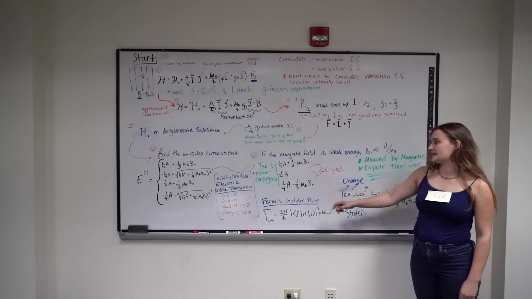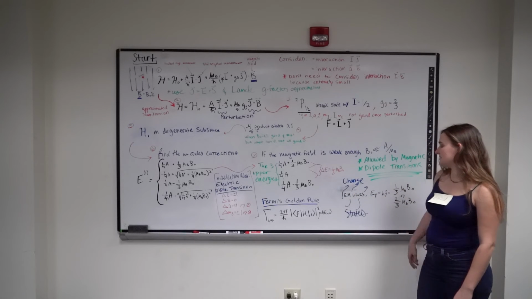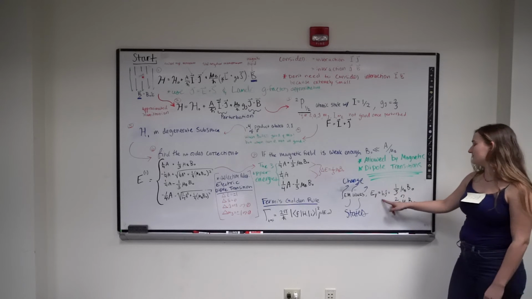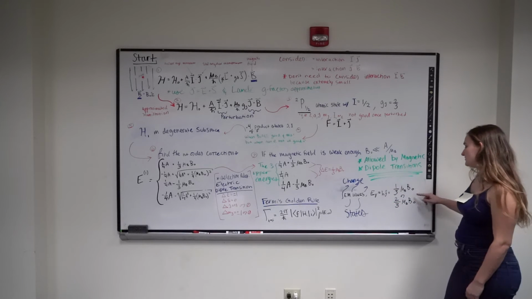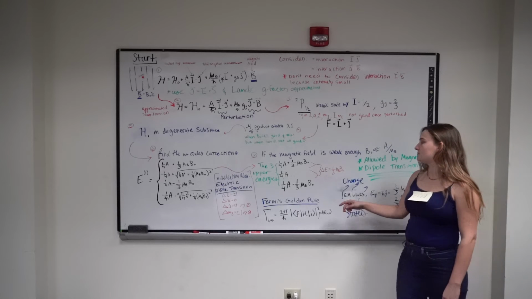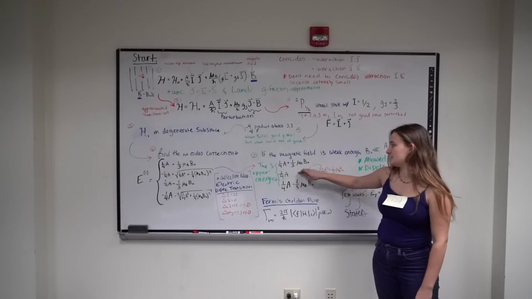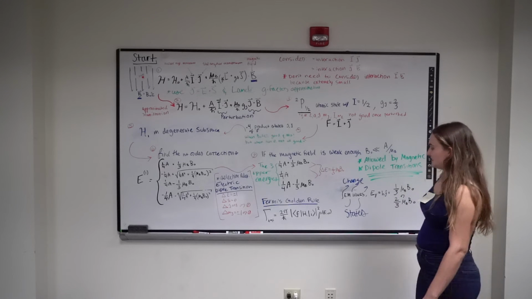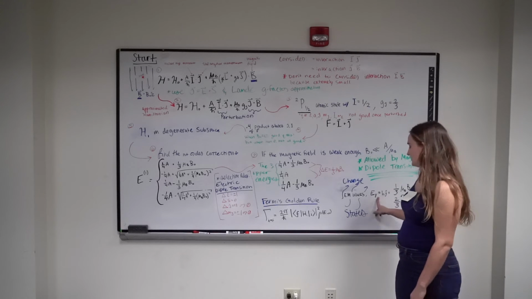To transition between these energy states, you're going to excite it using electromagnetic waves. And you can see here that the energy of a photon is going to be 1/3 mu B naught or 2/3 mu B naught, which is the same as the amount of energy that it takes to transition between these when you're going down or up in an energy state, so losing or gaining a photon.